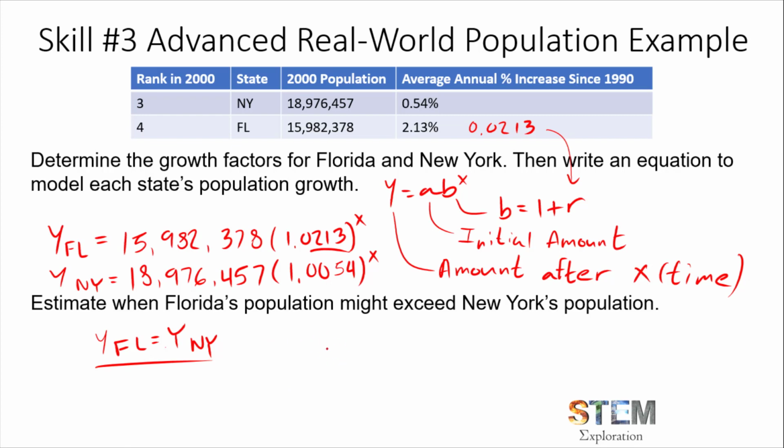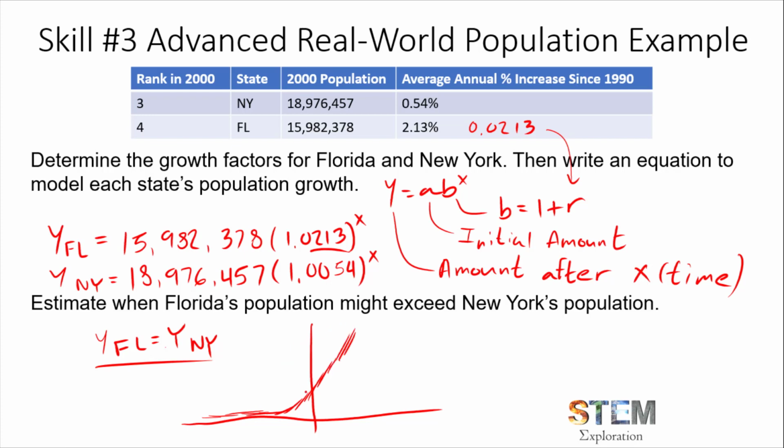If I graph this in Desmos, or any graphing calculator, we're going to see this type of graph where you have one population that goes, and if you have a slower rate of growth, I'm going to over-exaggerate this a little bit.